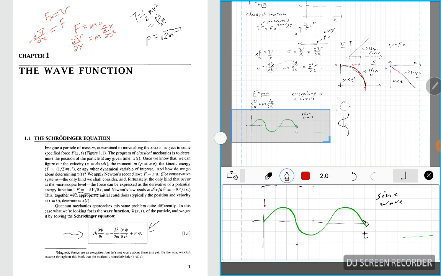At this point here, it's 0. And at this point here, it's very steep and it's positive. And then it's 0 over here. So if I graph that out, what I get is another wave, but it's just shifted over.